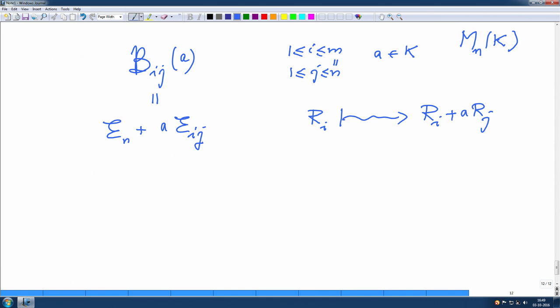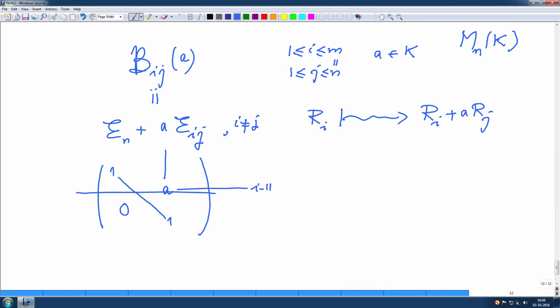For any two indices i and j and any scalar a, I will define this matrix to be the identity matrix plus a E_ij. That means it is the identity matrix, ones on the diagonal, and at some place where i is not j there is an entry a, and everywhere else it is 0. This entry is at the ith row and jth column. This is called an elementary matrix.